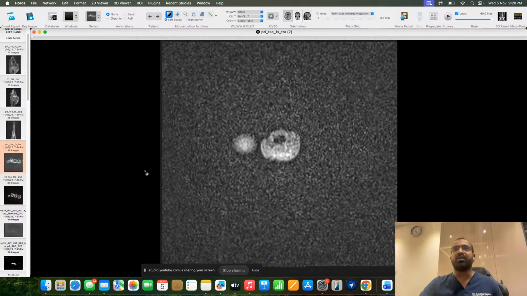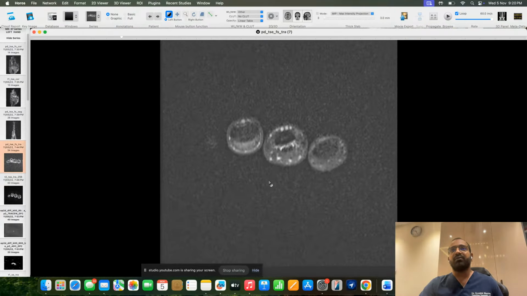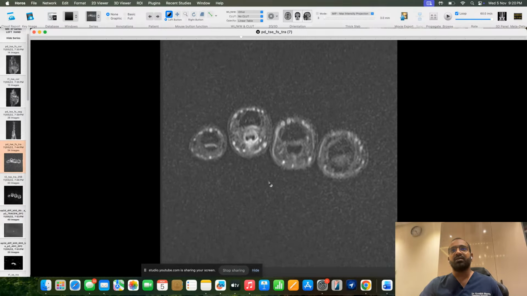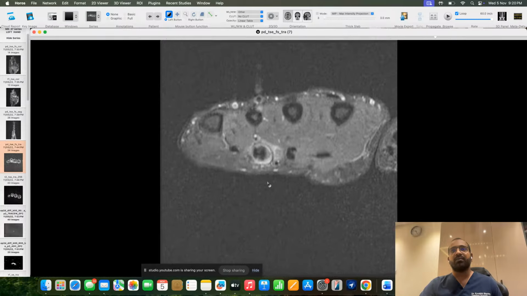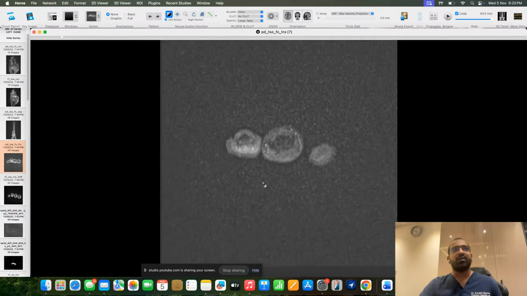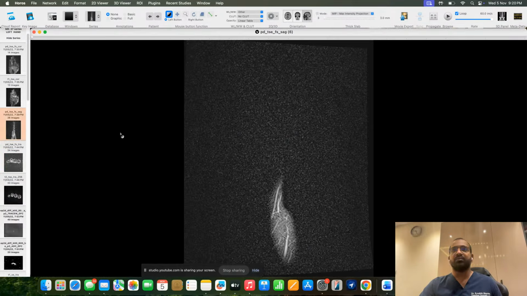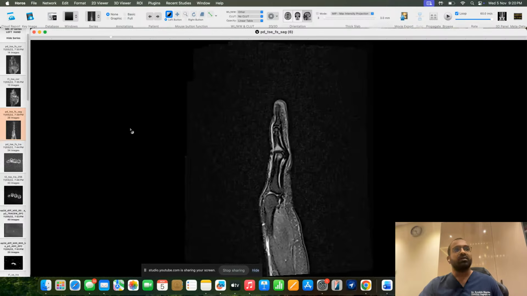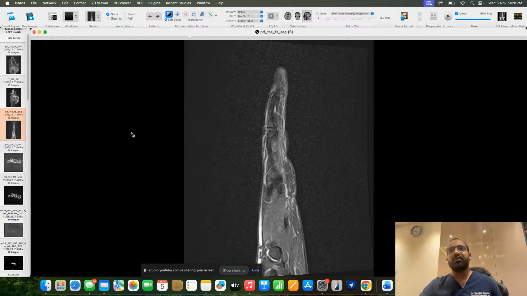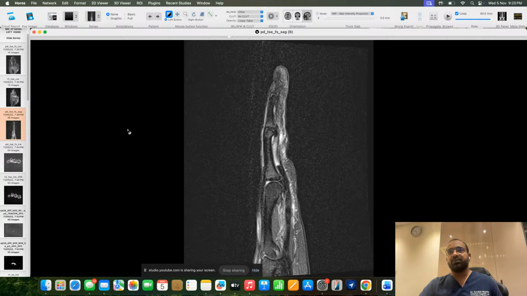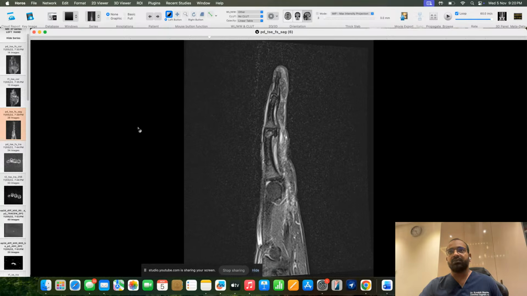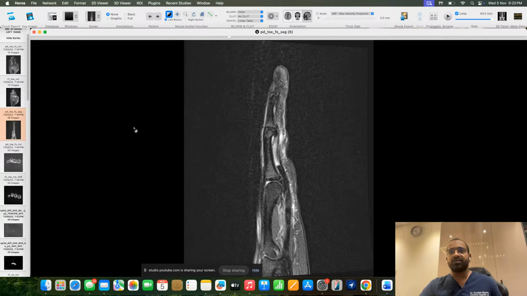Axial PDFS images. I'll show you coronal, sorry, sagittal PD. Here is our pointer for diagnosis.